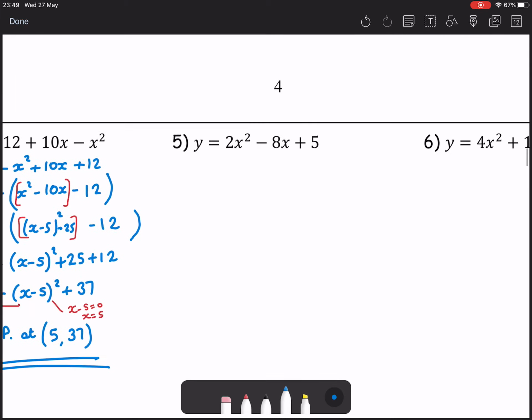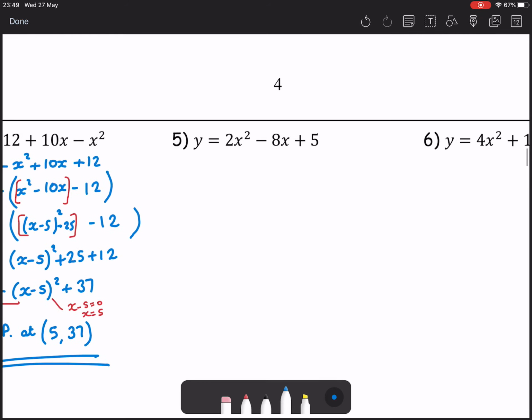Okay, question 5. So we have a coefficient of 2 in front of our x squared, so therefore we're going to take a common factor of 2 out. And we give ourselves a fraction, and that fraction will actually be carried the whole way and won't actually be touched.